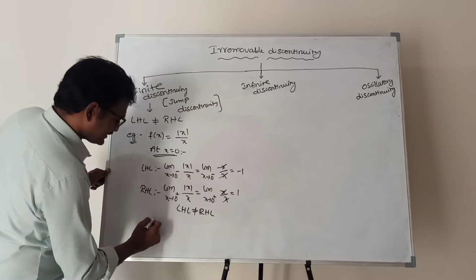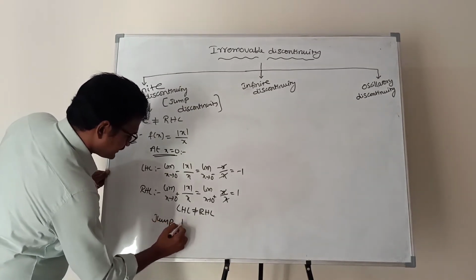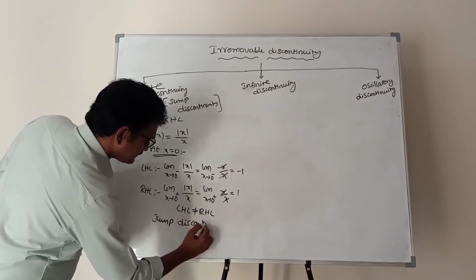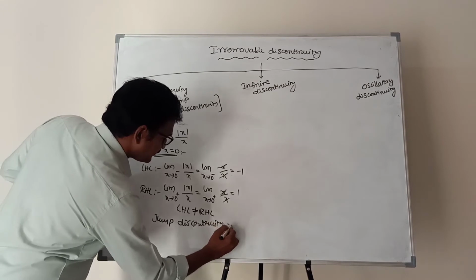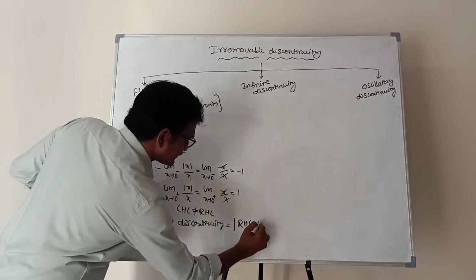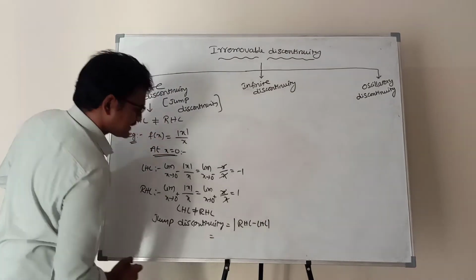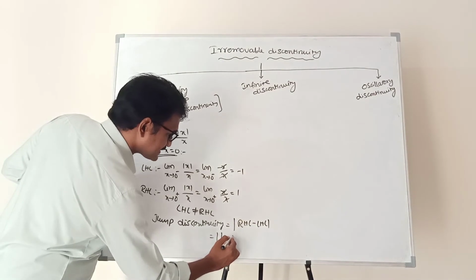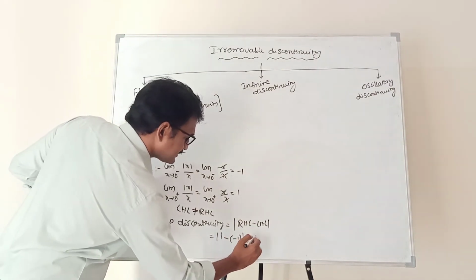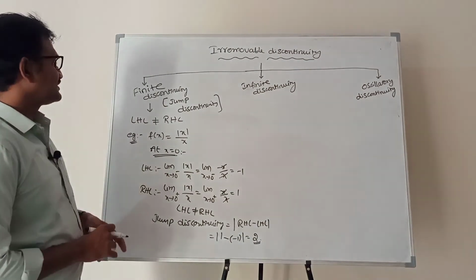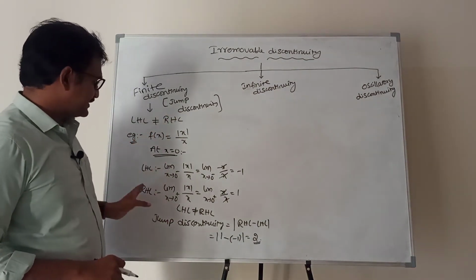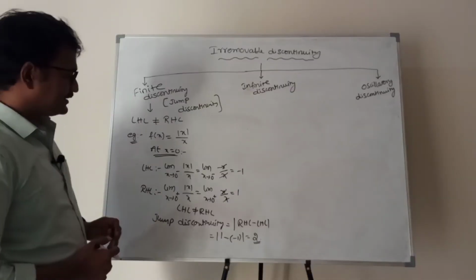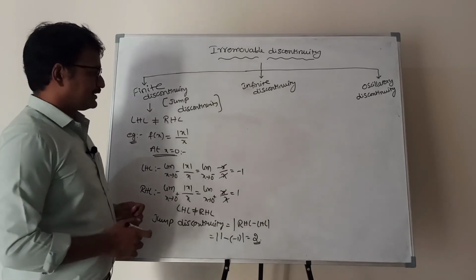To find jump discontinuity, the formula is modulus of RHL minus LHL, right hand limit minus left hand limit. Right hand limit value is 1, minus left hand limit minus 1, 1 plus 1 is 2. Mod 2 is 2. So it is taking a jump of 2 from left hand limit to right hand limit. So this is called finite discontinuity or jump discontinuity.